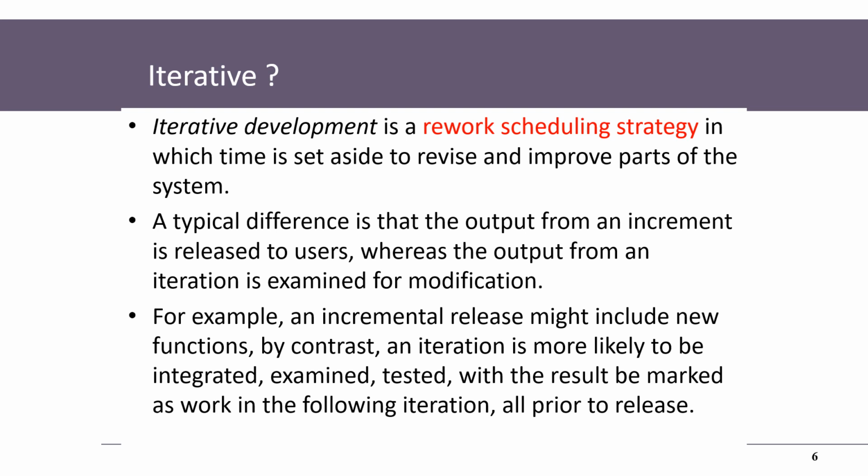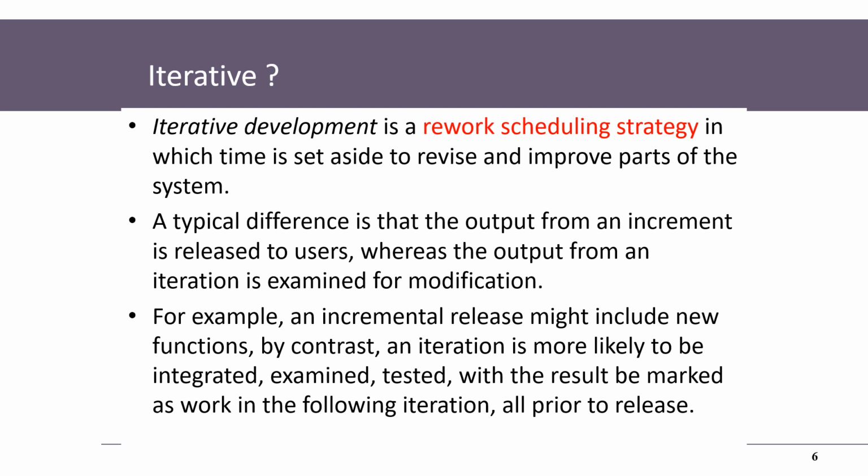In other words, in an increment, you test it, it's fine, you leave it and you do the next one. At one stage, you start integrating them all together. But the model is different here, as you can see. An incremental release might include new functions.